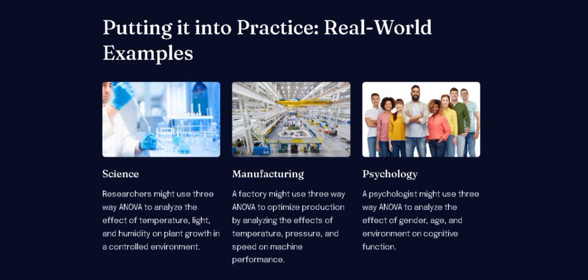A factory might use three-way ANOVA to optimize production by analyzing the effect of temperature, pressure, and speed on machine performance. And the third, psychology. Psychology might use three-way ANOVA to analyze the effect of gender, age, and environment on cognitive function.